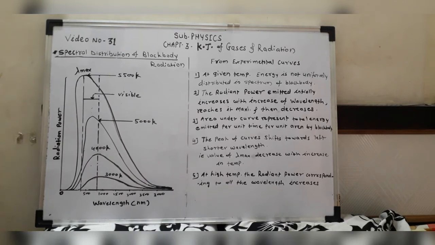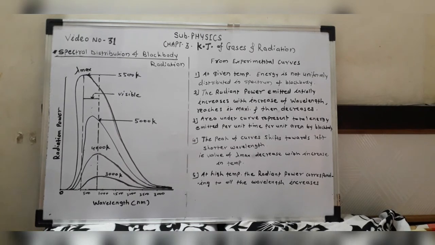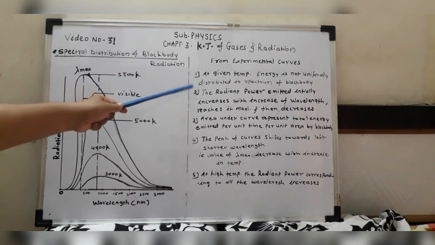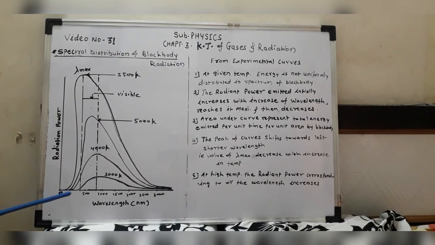From these experimental curves, there are some observations we have to write here. The first observation is that at a given temperature, the energy is not uniformly distributed in the spectrum of the black body.